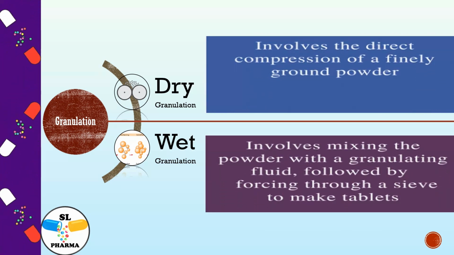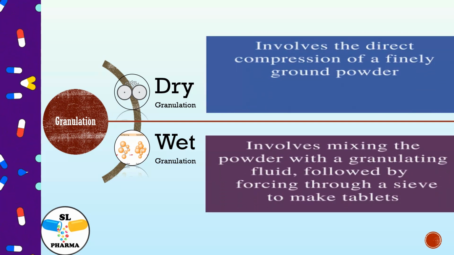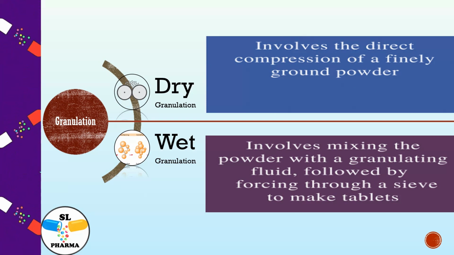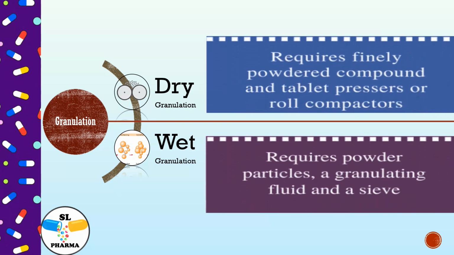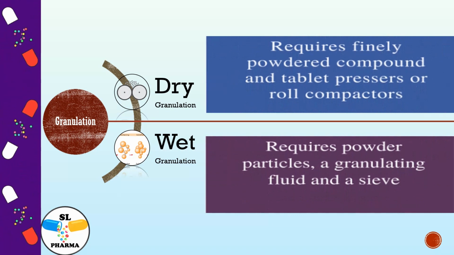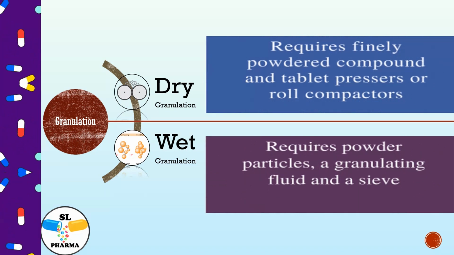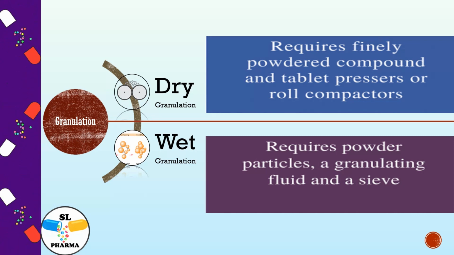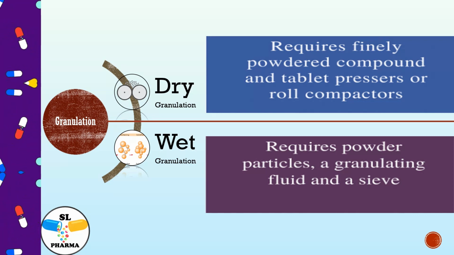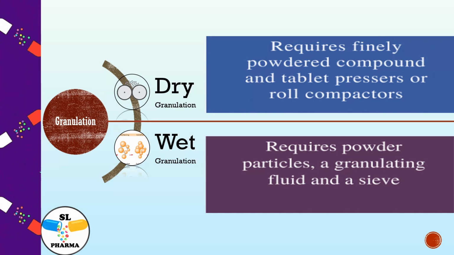Dry granulation involves the direct compression of a finely ground powder, and wet granulation involves mixing the powder with a granulating fluid, followed by forcing through a sieve to make tablets. Basically, dry granulation requires finely powdered compound in tablet pressers or roll compactors, and wet granulation requires powder particles, a granulating fluid and a sieve.